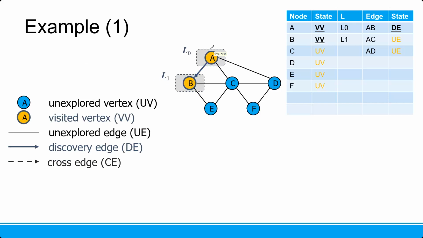Then we mark B as visited, and this edge AB is the discovery edge. The other nodes have not been visited.